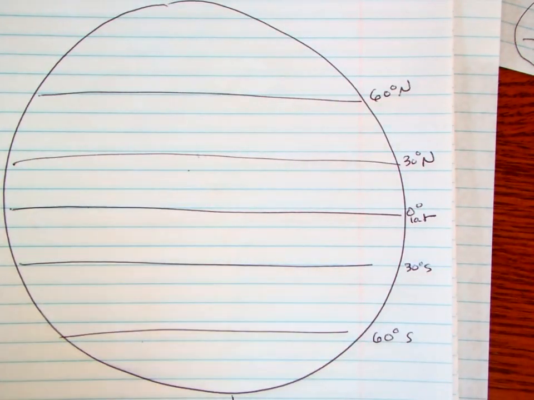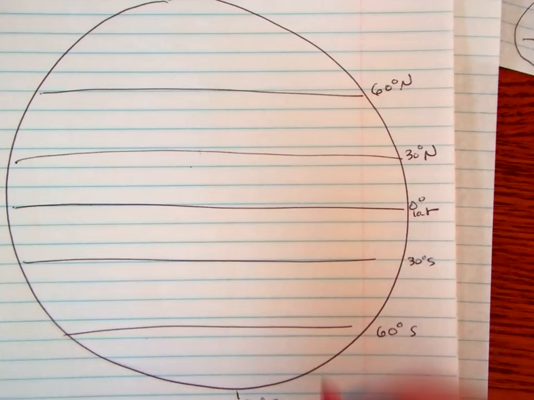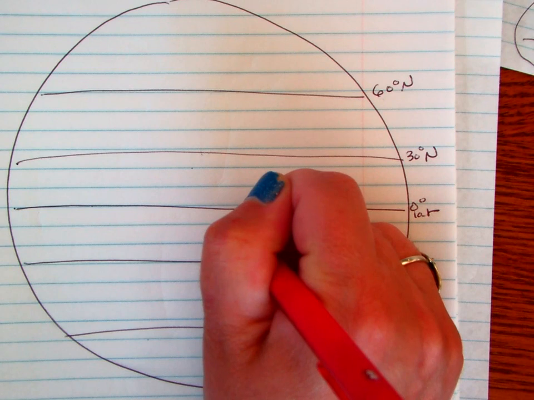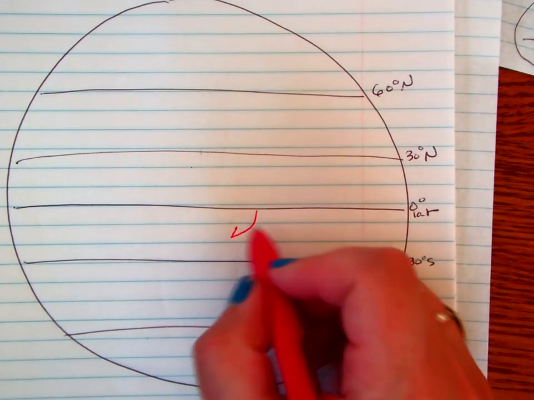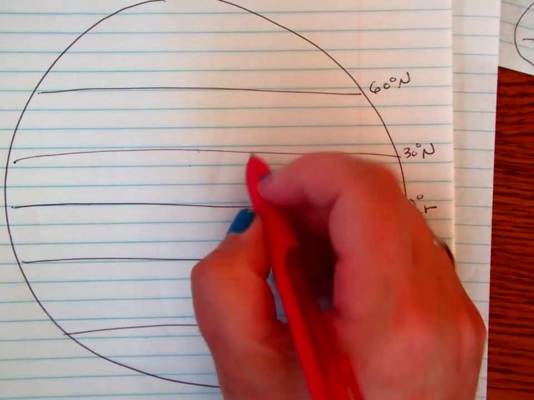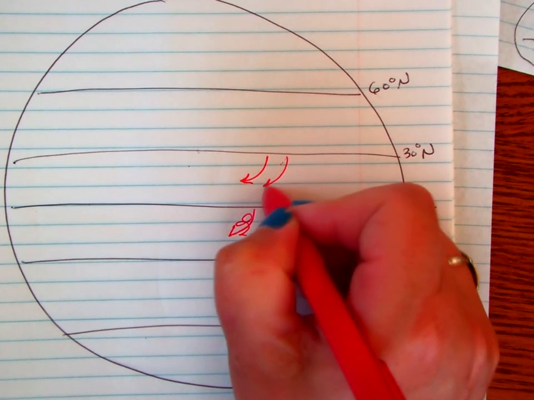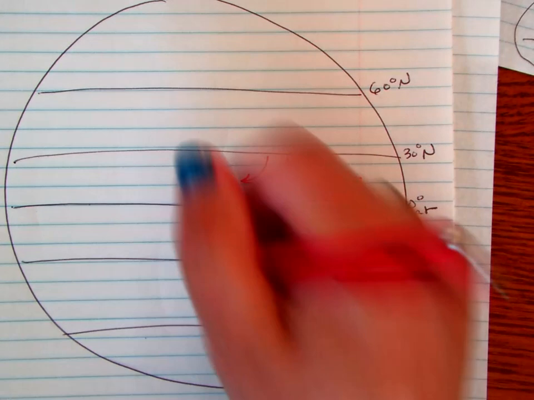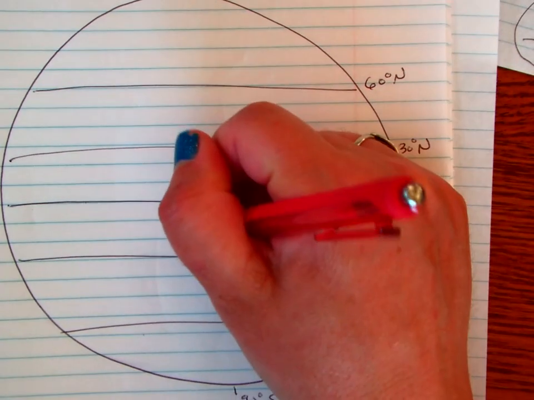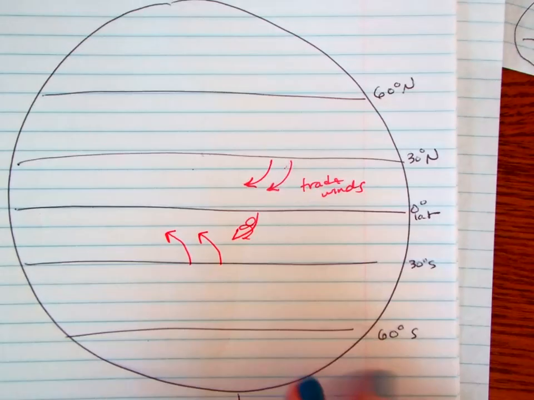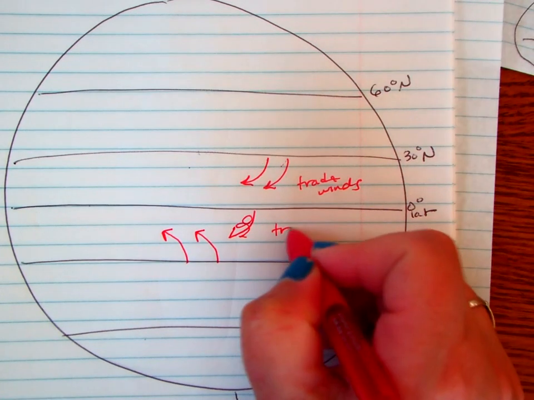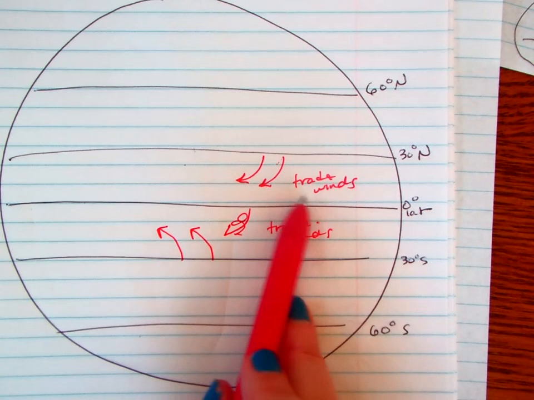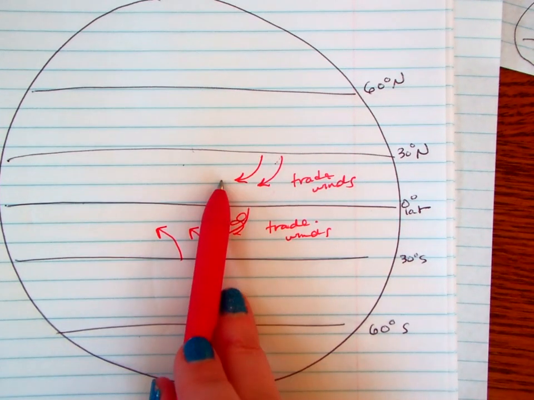So what happens, first of all, is the warm air here, not at the equator, I apologize, at 30 degrees, goes this way. These are called the trade winds. And the wind here also goes this way, sorry about that, and that's also the trade winds. So the trade winds, which occur from 0 to 30, go toward the east.